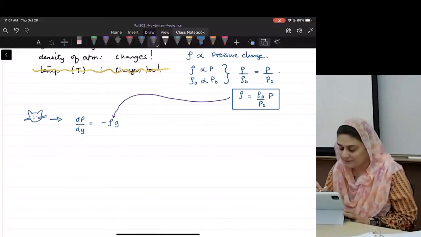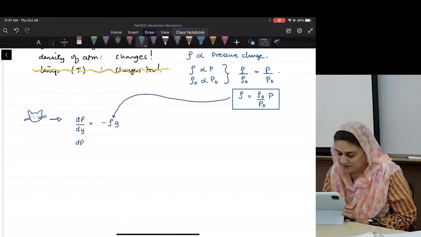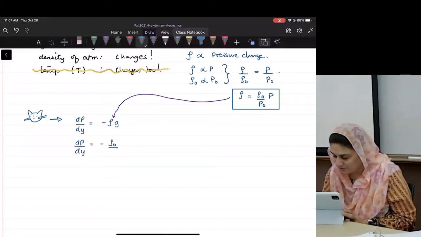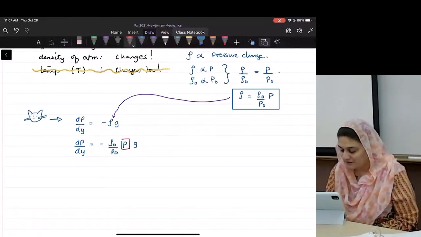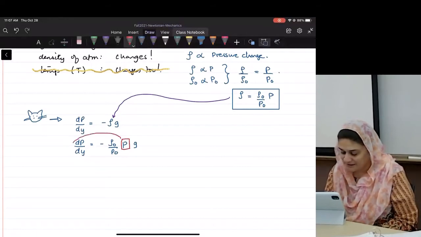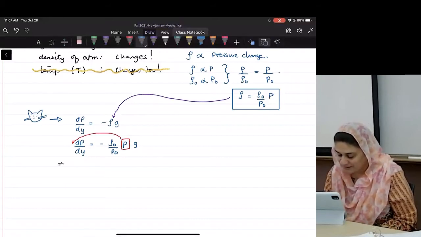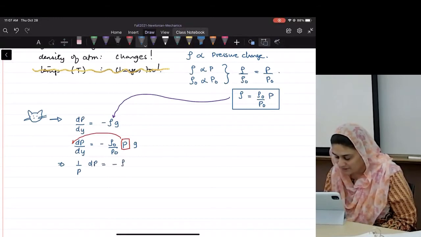That means I will get dP over dy equals minus rho zero over P zero, small p, g. There is a P on this side and there's a dP on that side. So that needs to move there. And then dy gets to move on the other side. So what will I get? 1 over P dP equals minus rho zero over P zero g dy.